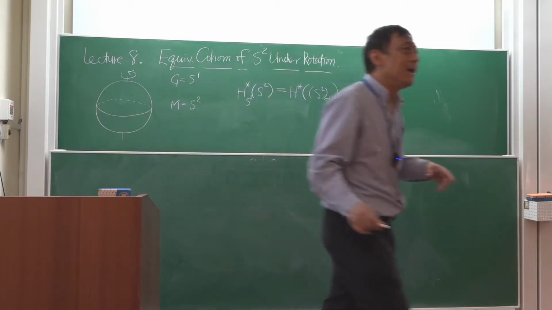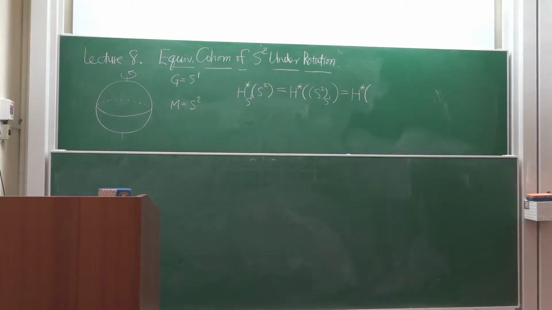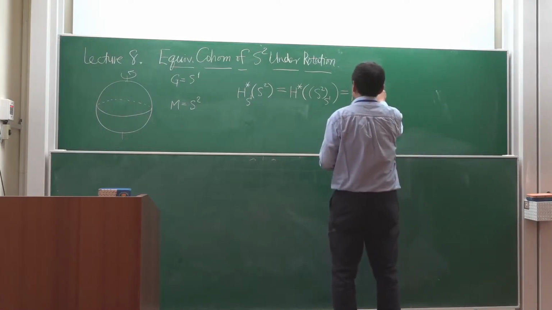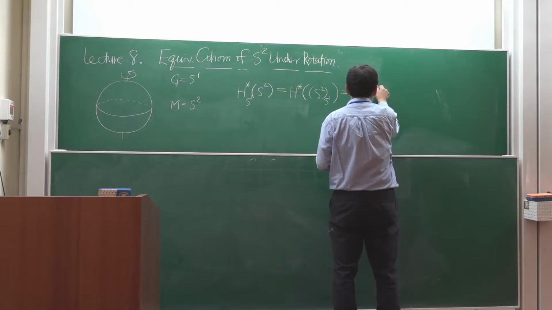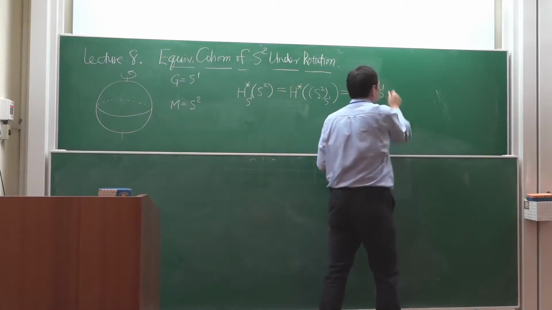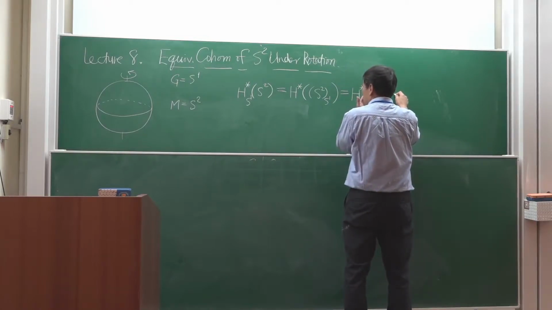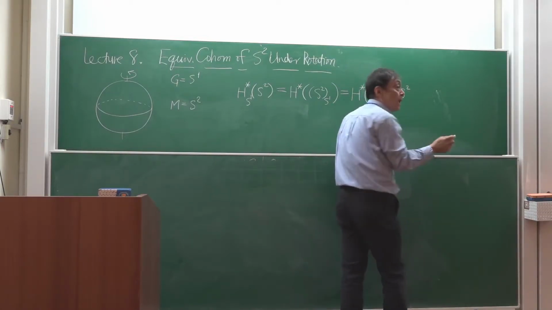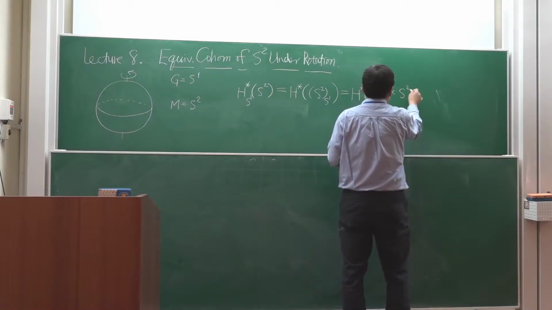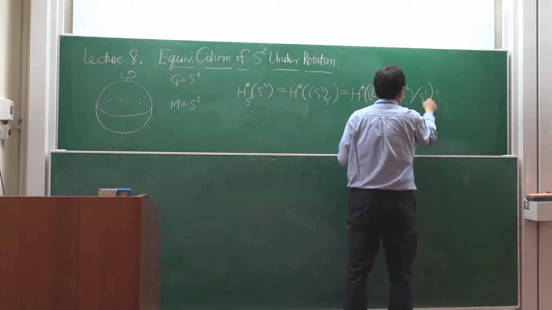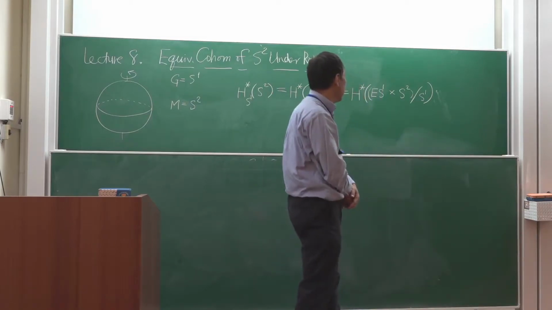You find a contractible space, you take the product with the manifold, and then you take the diagonal action. So you need the contractible space on which S1 acts freely. That's what we call ES1. You take the product with S2, and then you take the quotient by S1 under the diagonal action.